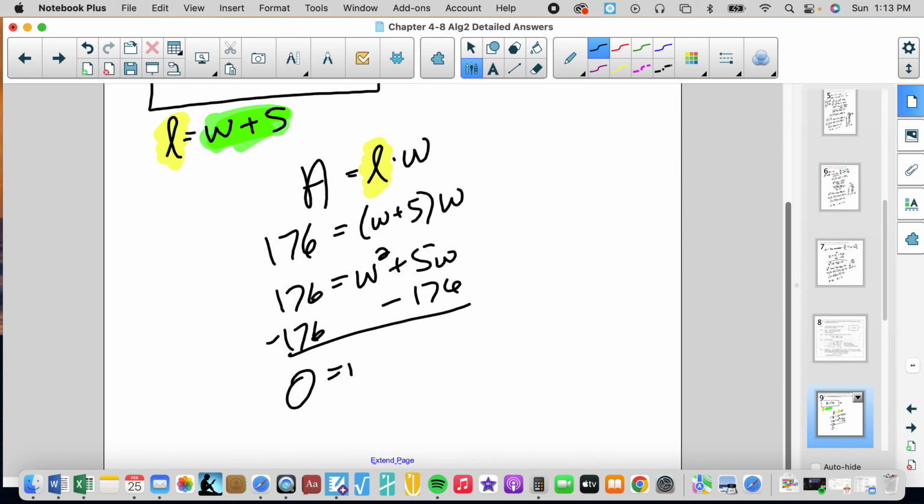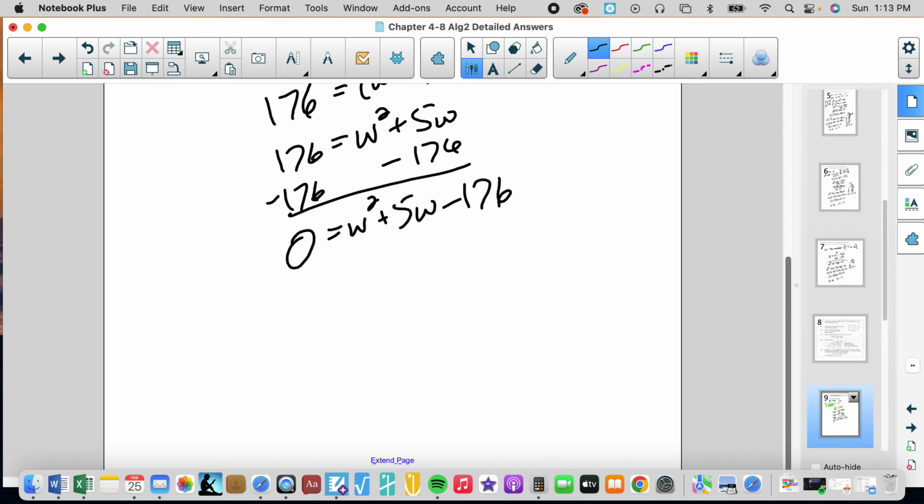So we get 0 equals W squared plus 5W minus 176. Factors of 176 that, when subtracted, equal 5, I have no idea. I know it's not 1 and 176. I know it's not 2 and 88. 3 doesn't go in it. 4 does. 4 and 44?